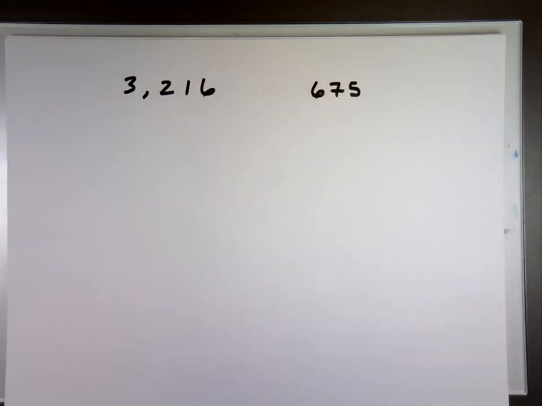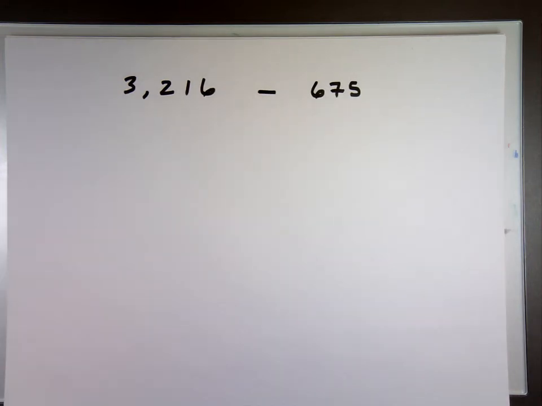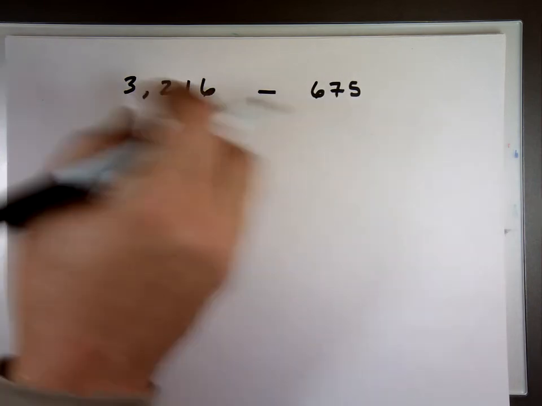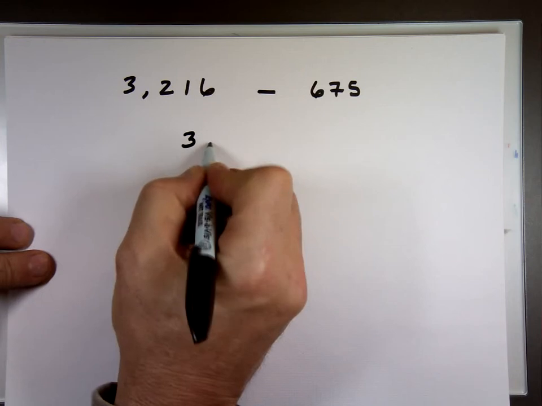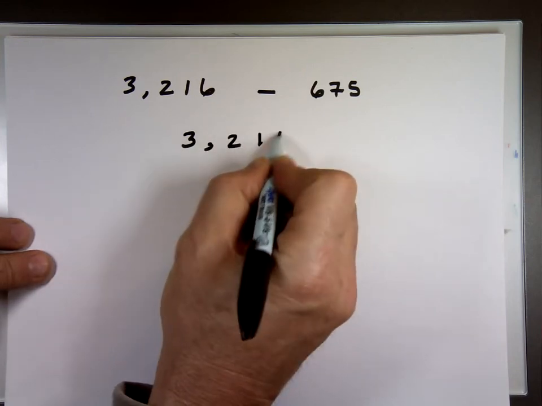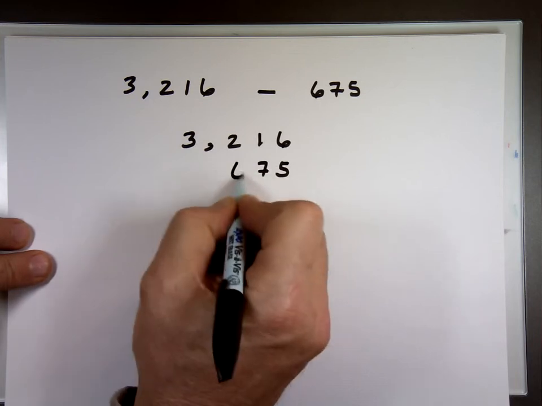So how do you find your new balance now? What do you do? Subtract, because they're going to take that money away from your checking account. 3,216, subtract from it 675.